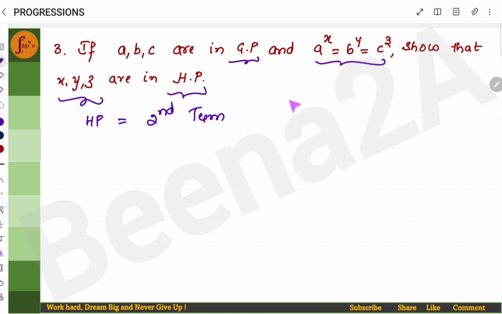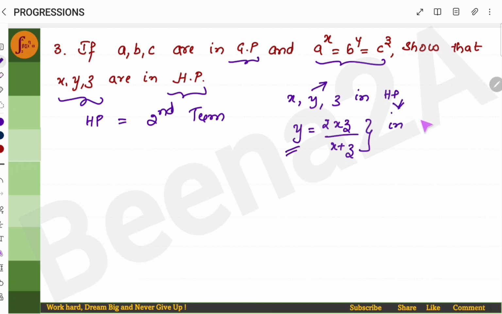If you have x, y, z in HP, then it means that y is equal to 2xz by x plus z. So if y, that is the second term, is equal to 2 into x into z by x plus z, then we call that these terms are in HP.